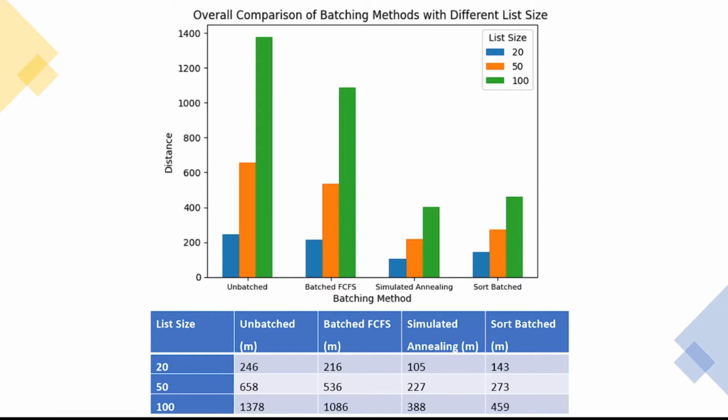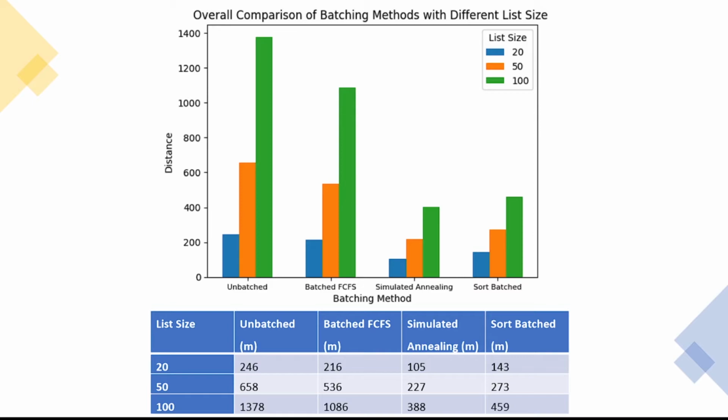Next, another study is done by comparing the performances of different batching methods. The simulated annealing algorithm finds the most reduction in distance travelled across all sample sizes tested. If we look at the list of 20, there is about 141 meters reduced, which is about a 57.31% improvement compared to the unbatched list.